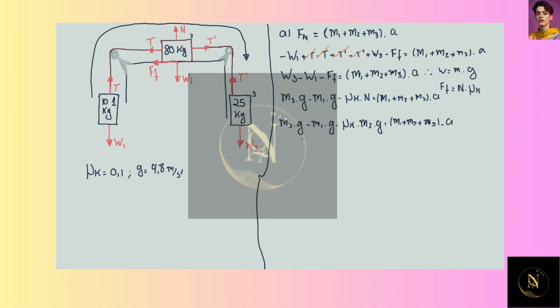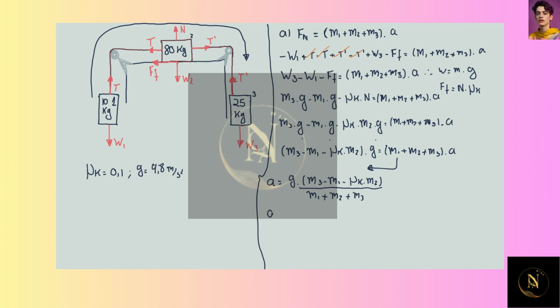Then we can factor g on the left-hand side to get (m3 minus m1 minus mu_k m2) g equals the total mass m1 plus m2 plus m3 times the acceleration. Sending this term to the other side, the acceleration is g times (m3 minus m1 minus mu_k m2) divided by (m1 plus m2 plus m3).